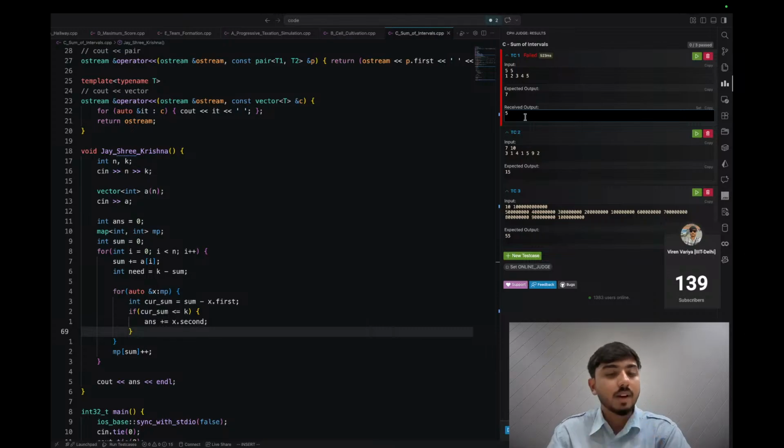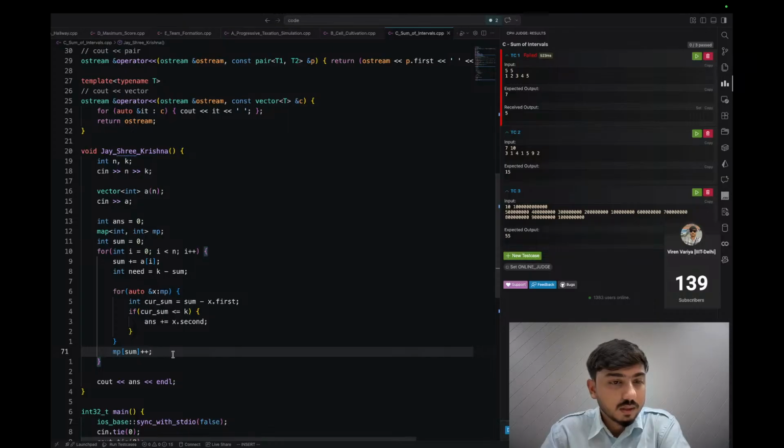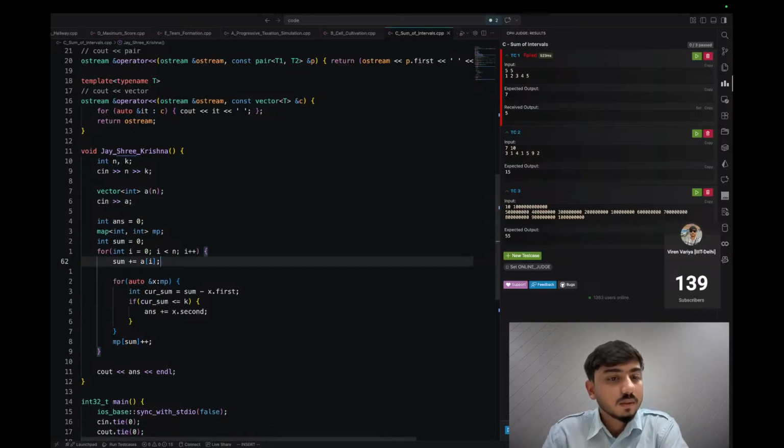You're getting 5, this is what, right? See, current sum is this.